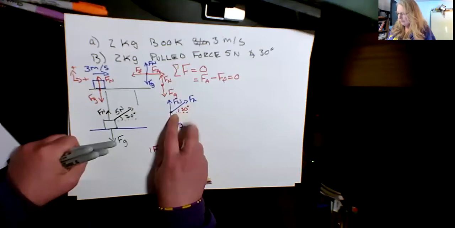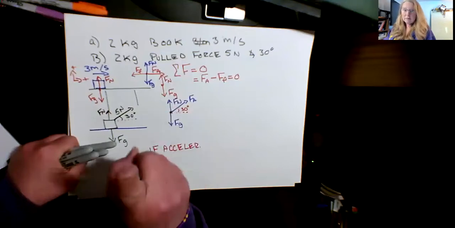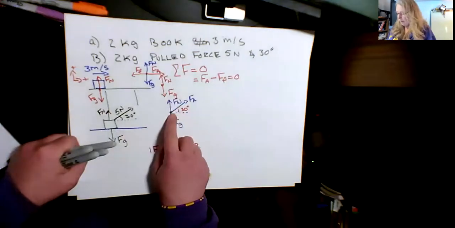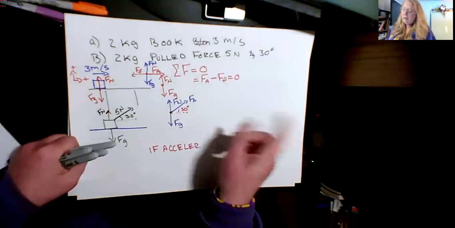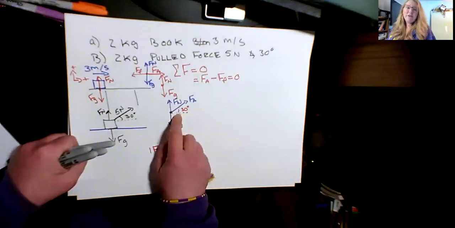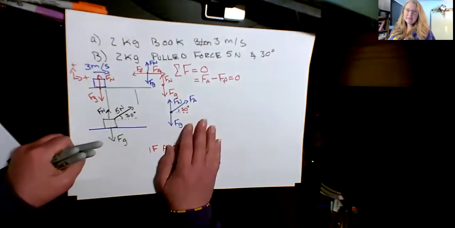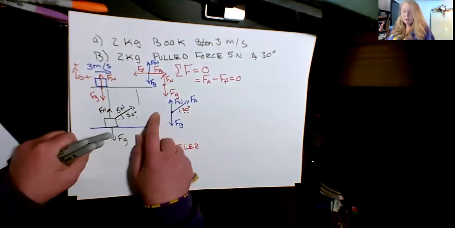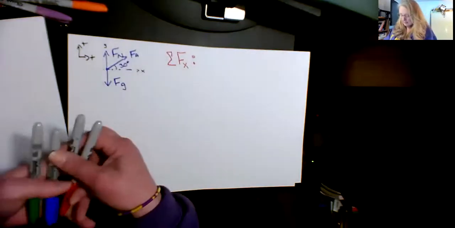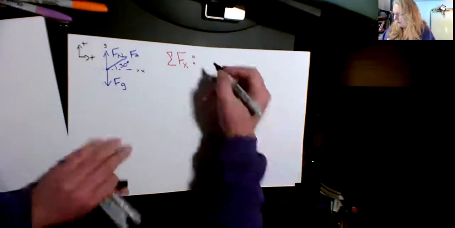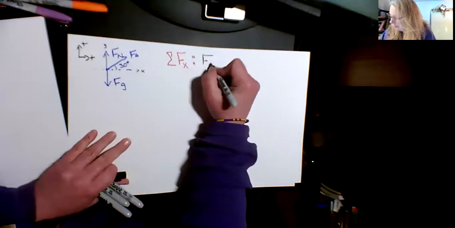So it only has one piece of force in the x. One. That's it. If I only have force in the x in one direction, that means I have a net force. There is nothing it can do but accelerate. There's no forces opposing this x motion. So my force in the x then is going to be this force applied.